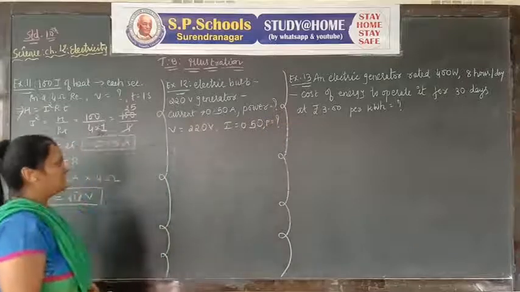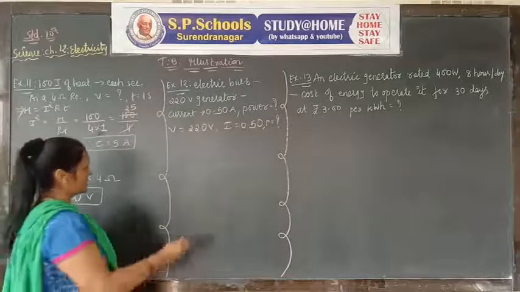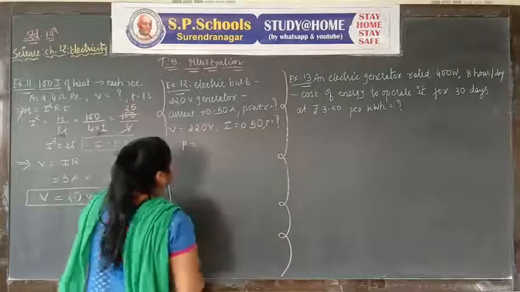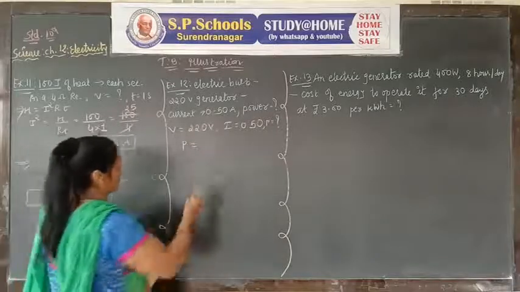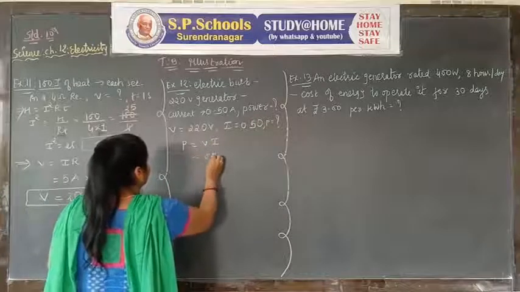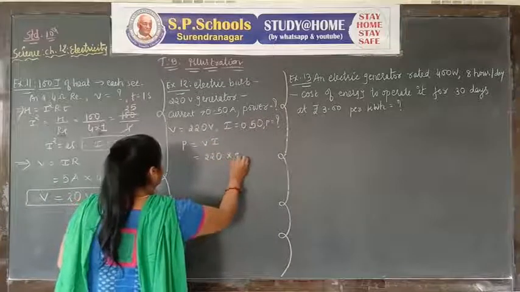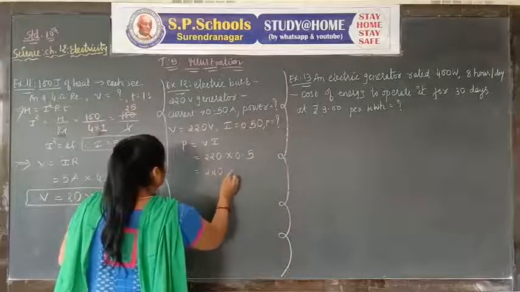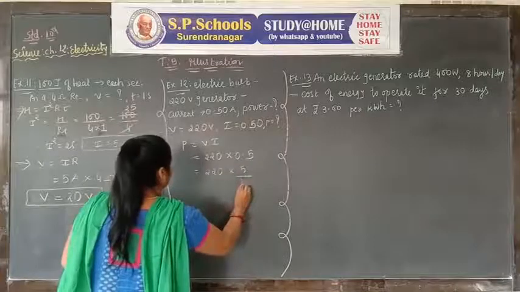So the power is simple, easy. When we write the formula, P is equal to VI, 220 into 0.5, that is 220 upon 5.